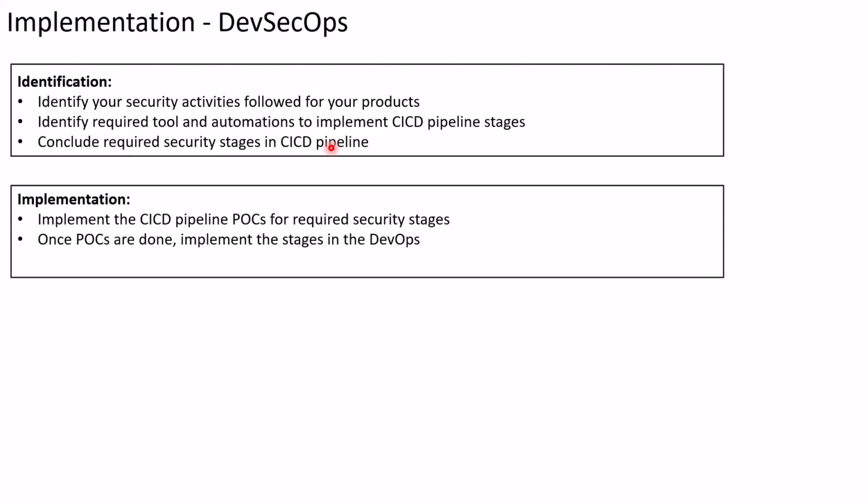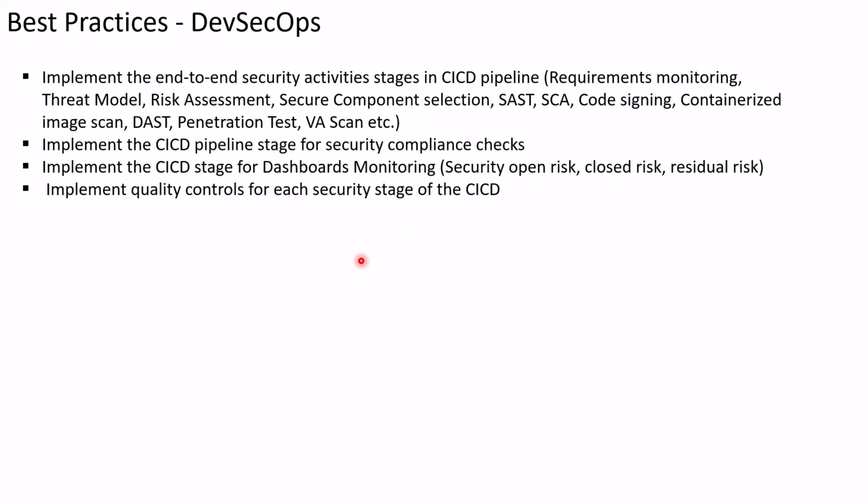So these basic steps we need to follow to implement the DevSecOps framework. Implement the CI/CD pipeline POC initially. Once the POC is a success, you can integrate these stages in your DevOps pipeline. This is the approach we need to take here.